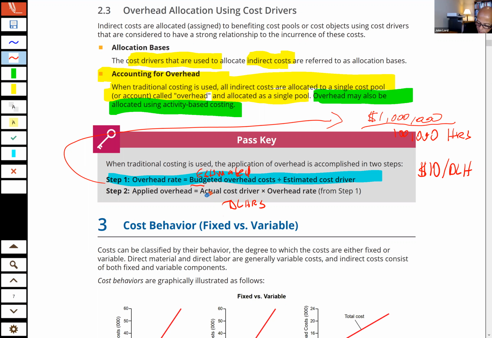And that's the actual amount of hours that job used times what? Times that predetermined overhead rate that we came up with probably last year, whatever. 5 direct labor hours times $10 means we would apply what? $50 of overhead cost to that particular job.